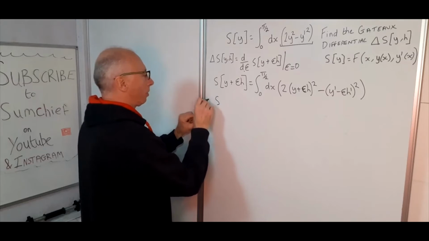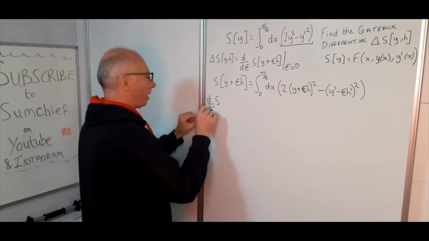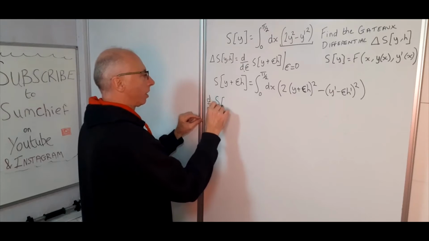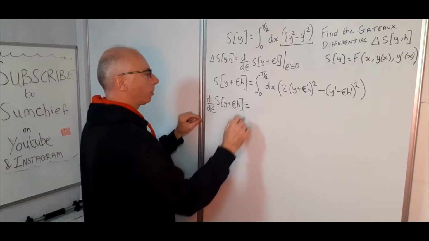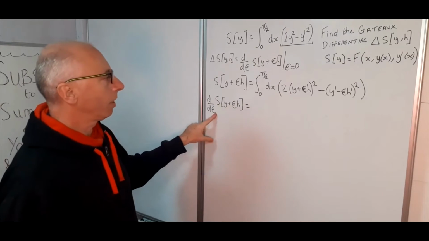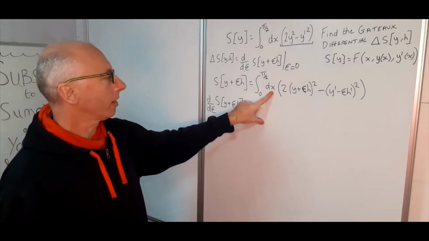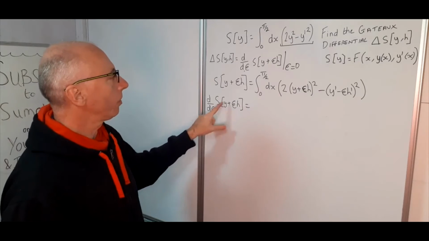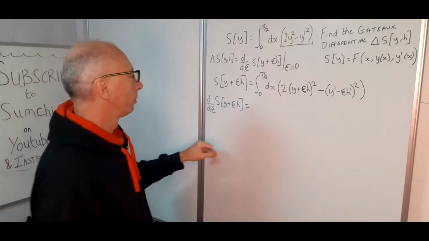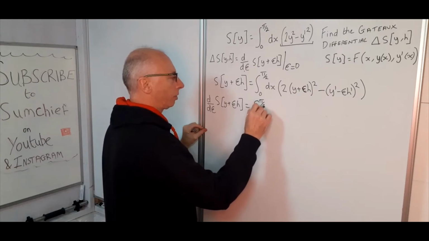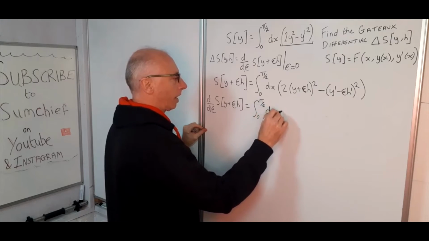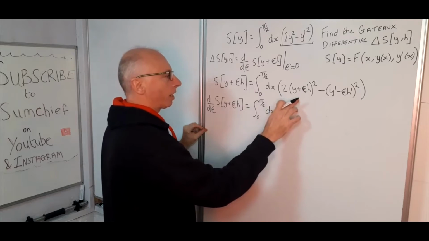So let's put the derivative with regards to epsilon of S(y plus epsilon h) equals, now epsilon is independent of x, so we can bring this derivative inside the integral. So 0 to pi over 2 dx, and then we take the derivative with regards to epsilon. So let's do that in here.